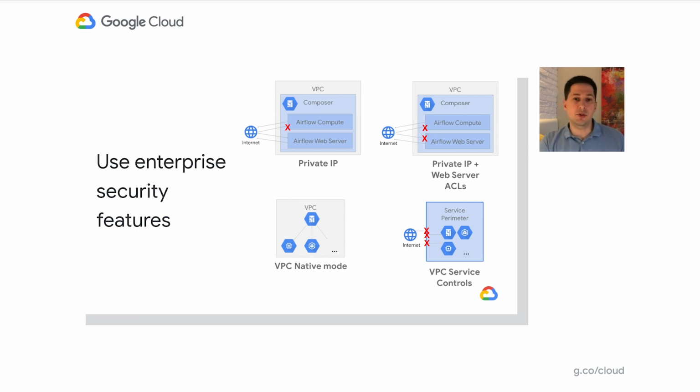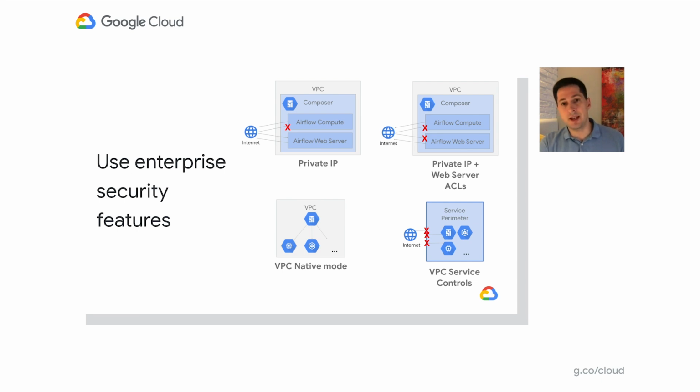Now, when it comes to the web server of Cloud Composer and the user interface for Airflow, the primary security mechanism when accessing this component is authentication. So only authenticated users have access to a specific Airflow user interface. However, some customers want one more layer of security for the web server as well, and that is a network layer.